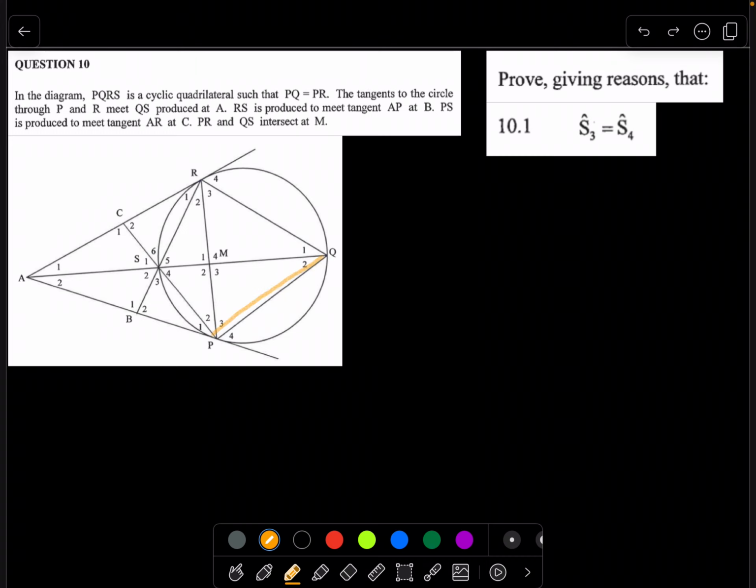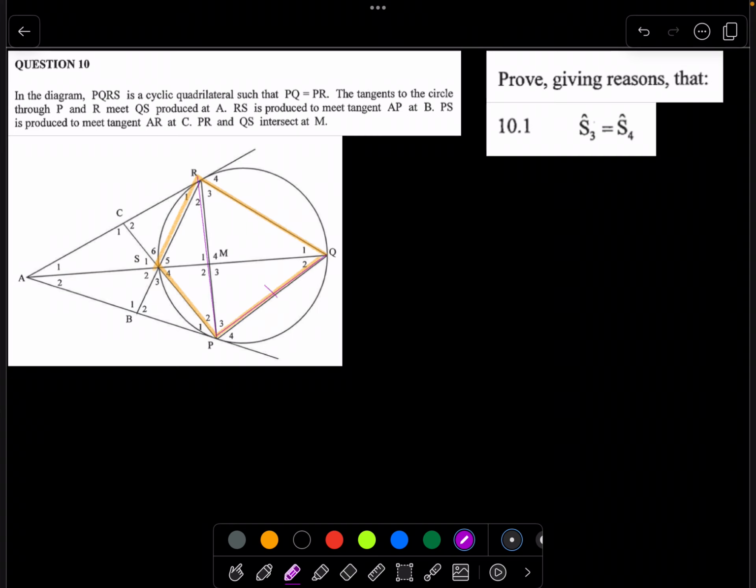So PQ, okay. Okay, so that's a cyclic quad, and we have been told that PQ and PR are equal. Oh, didn't want to write over it. Let's try that again.